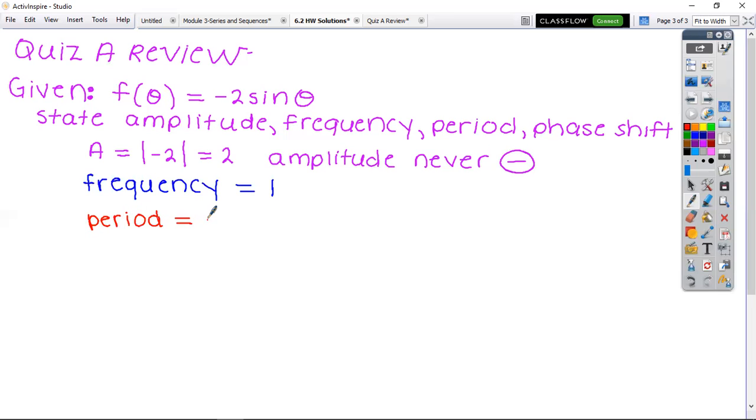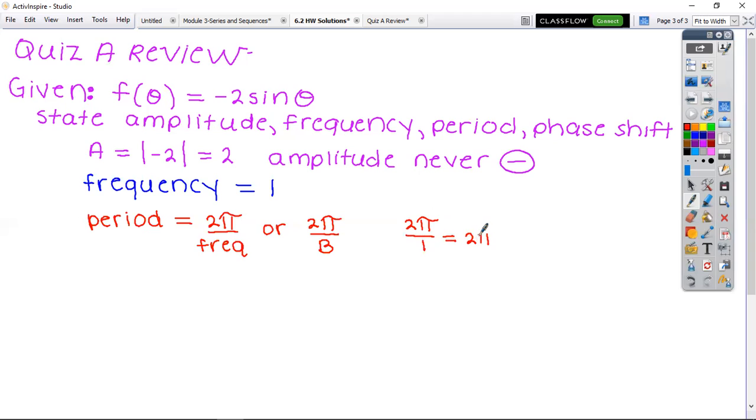Yep. 2 pi over frequency. Good. And remember that frequency is the letter B if you want to use B instead. 2 pi over B. You do have to memorize it. It's not on the formula sheet anywhere. So for this particular case, we're going to do 2 pi divided by 1, which is just 2 pi.